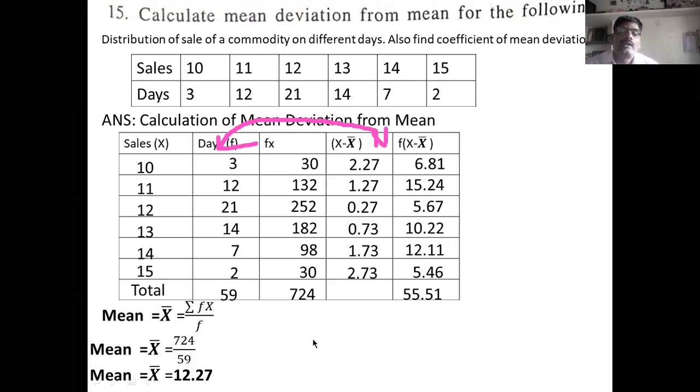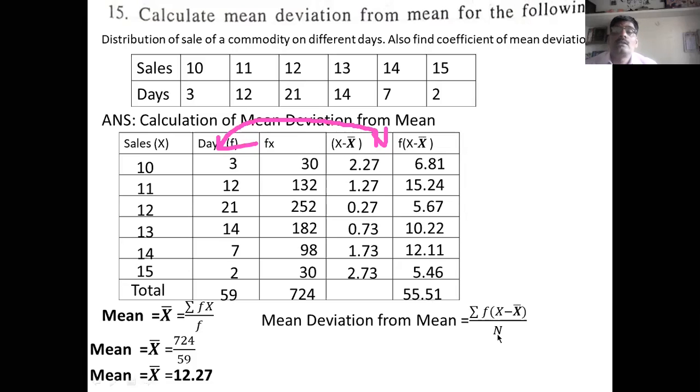Now I will calculate the mean deviation from mean. Mean deviation from mean is equal to summation f into x minus x bar, which is nothing but the total of the last column. Last column total is 55.51.